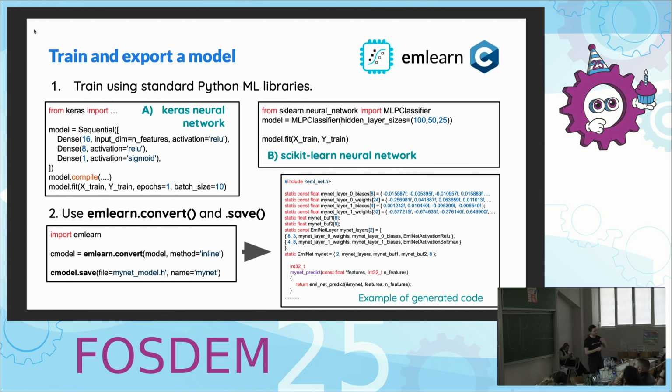We do a couple of simple optimizations there. And then you can use the save function to generate some C code in this case. So this is just some example code, or sample output, for a neural network. And it will look quite similar for the other kinds of models.